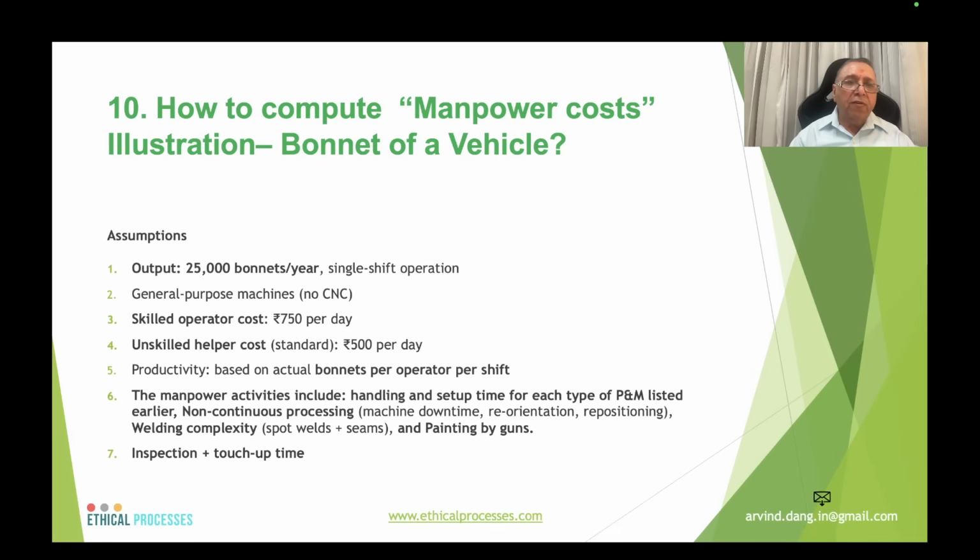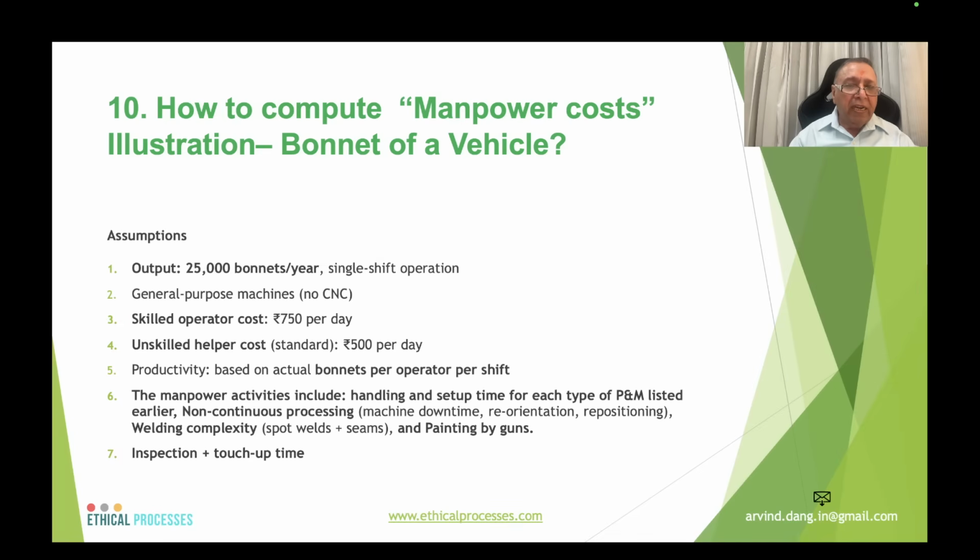How to compute manpower cost? Again, assuming that it is a non-CNC operation and 25 bonnets per month, the rate assumed for skilled labor in the case of India is 750 per day and unskilled labor 500 per day. Of course, this skilled operator rate has been taken uniform for each type of operator, but it can vary.